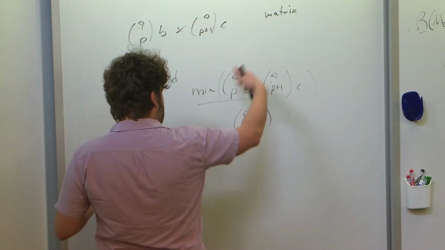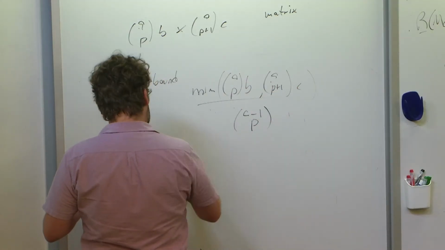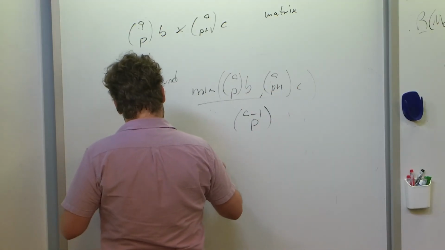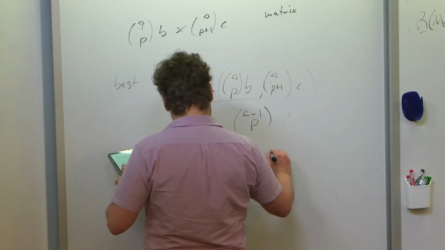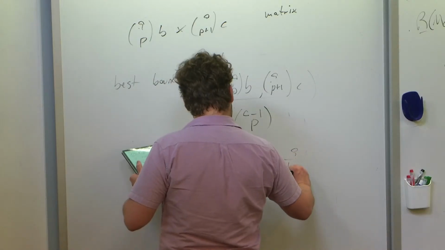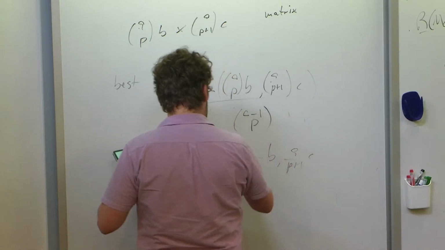And if we expand this out and simplify it a little bit, this just equals the smaller of A over A minus P times B, and A over P plus 1 times C.